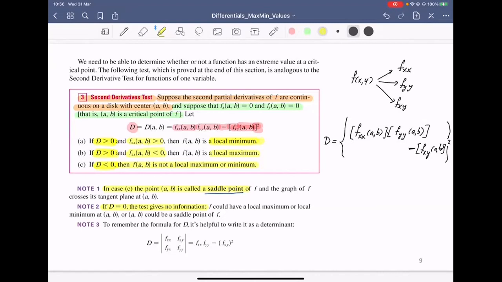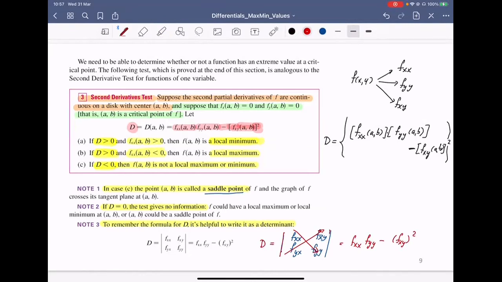Another way to memorize your D, if you are familiar with matrix determinants, is this way: fxx, fyy, and then fxy and fyx. It's similar to computing the determinant, where you get fxx fyy minus fxy squared.